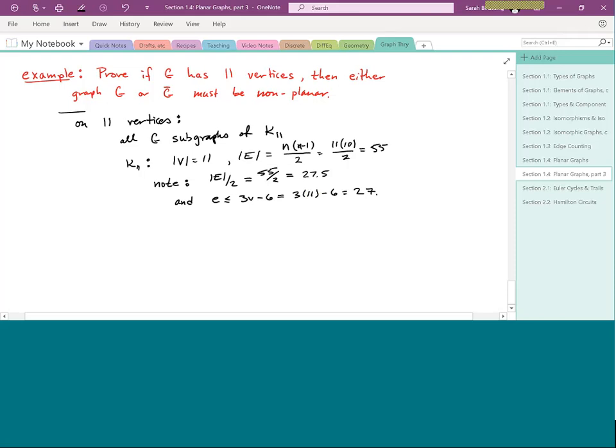So notice when we compare the number of edges in the complete graph to the maximum number of edges that you could have and still be planar, roughly speaking, graphs that are allowed to be planar can only have edges up to about the halfway mark. Okay? So that was the point of these last two lines, to show that, roughly speaking, if you're going to be a planar graph, you only have up to about half the number of edges in the complete graph. Now let's look at the three cases. So case 1.